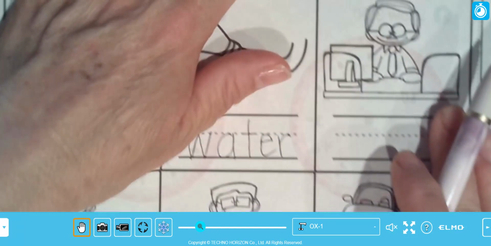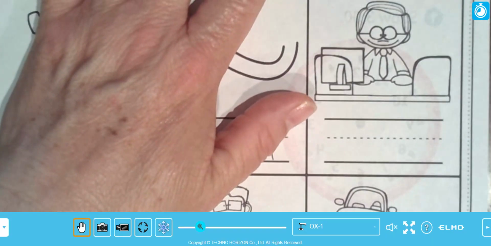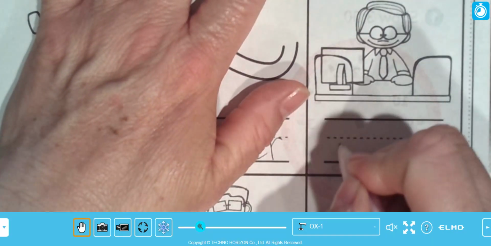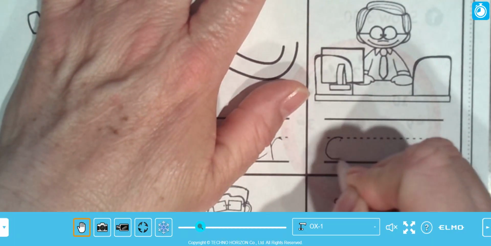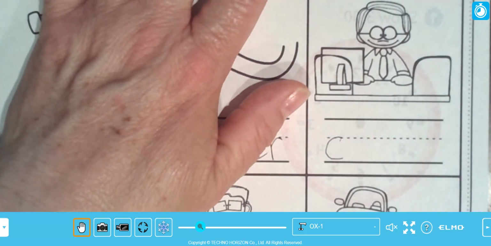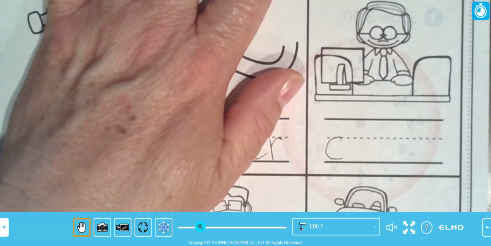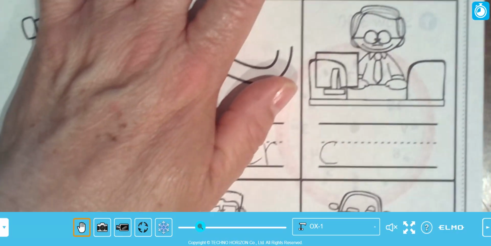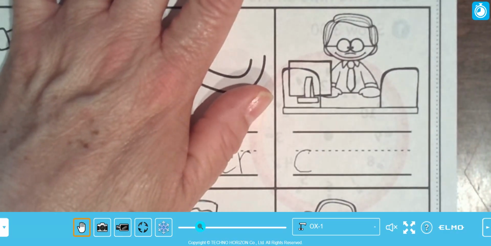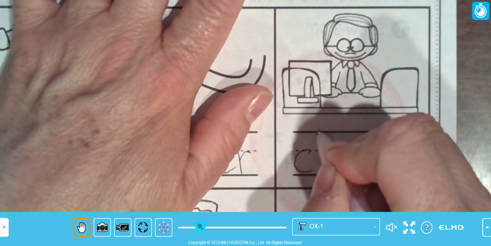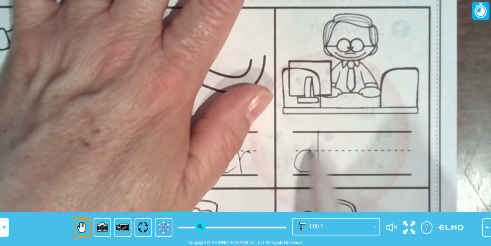Okay, so let's write clerk. Starting off with the K, right? And that's a small. Here we go. So it starts from the dash line, goes down to the bottom. K. And then L, the L starts at the top, goes down to the bottom. It's a tall, so small and then tall.